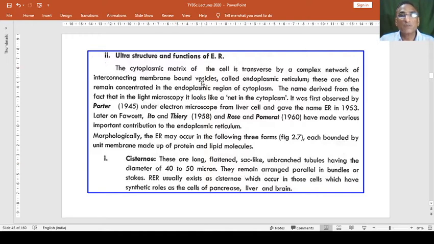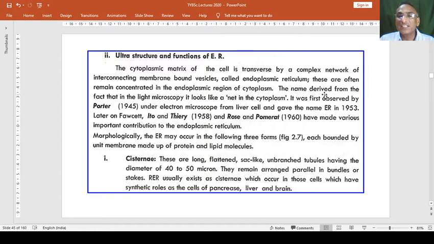The cytoplasmic matrix of the cell is traversed by a complex network of interconnecting membrane bound vesicles, and these are called endoplasmic reticulum. These often remain concentrated in the endoplasmic region of the cytoplasm and therefore are called endoplasmic reticulum.